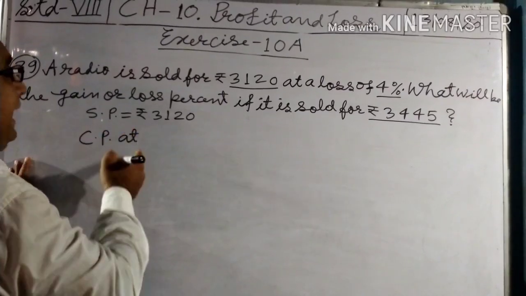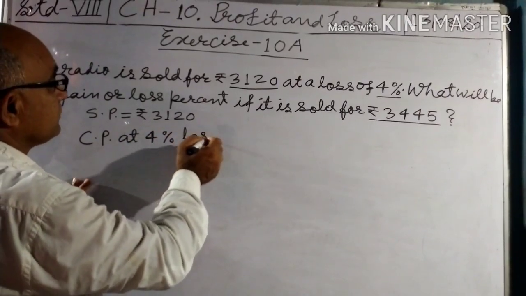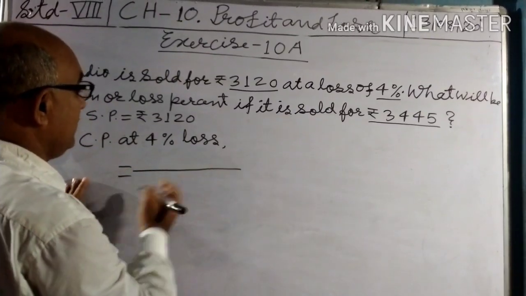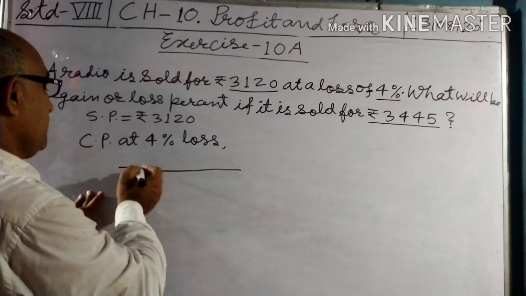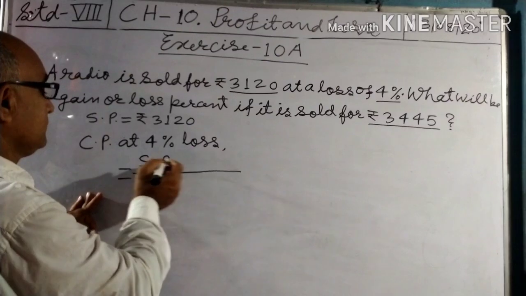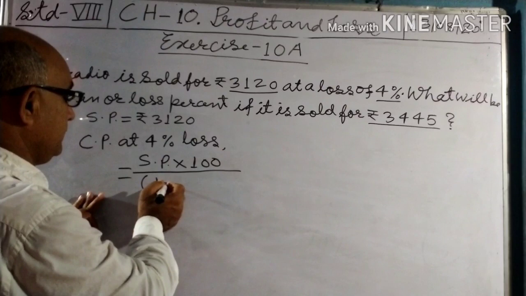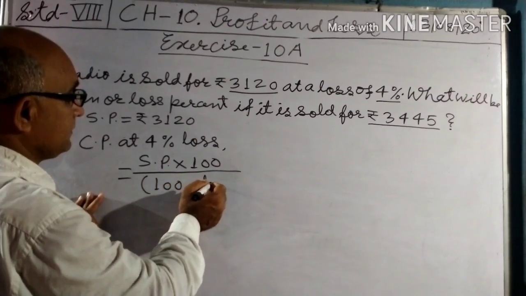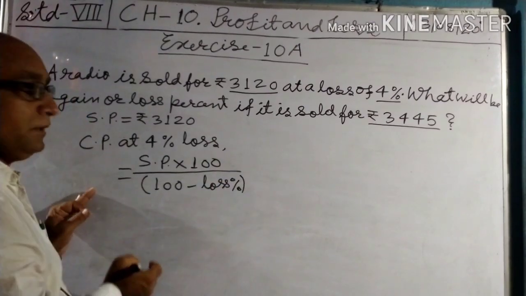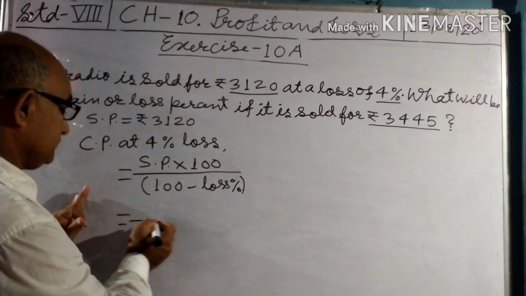CP at 4% loss. Write the formula: SP into 100 by 100 minus loss percent.